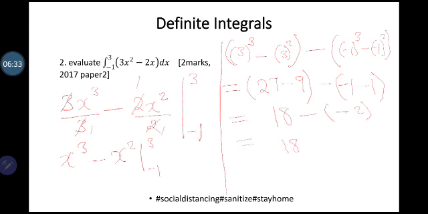Negative times negative is positive, that's 2, and this is 20. You would have found a definite answer for this integral.